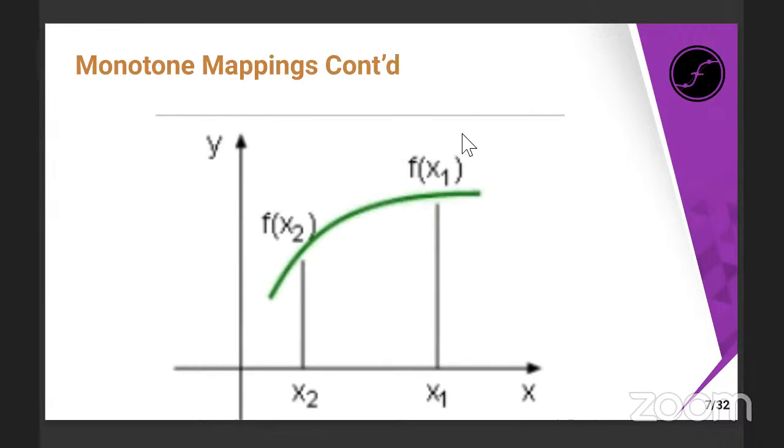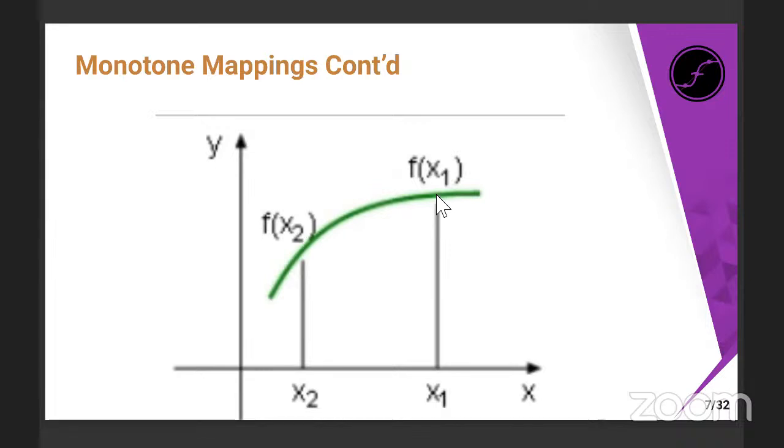Let us look at this diagram. This will actually give us a clear picture of what I have just said above. You can see the nature of this graph is like this. For any two points we choose, maybe we choose x2 and x1 from here, definitely we know that x1 is greater than or equal to x2, and their respective images also behave that way.